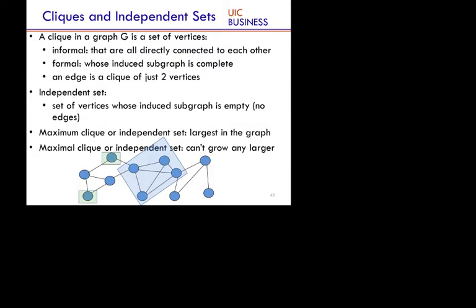For example, if I chose these 3 nodes, that's a clique, right? Because if these 3 nodes are there, then there is an edge between every pair of nodes in that set. But I can't add any other node, because adding any other node will not give me a bigger clique. Then that clique would be called a maximal clique. It's just a definition so far. All of these are definitions actually.